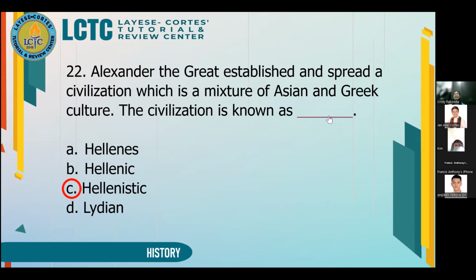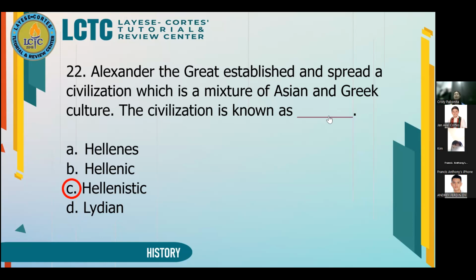Okay, so Hellenistic, it is from Alexander's crowning to the death of Cleopatra. Hellenistic comes from the root word Hellas, which was the ancient Greek word for Greece.